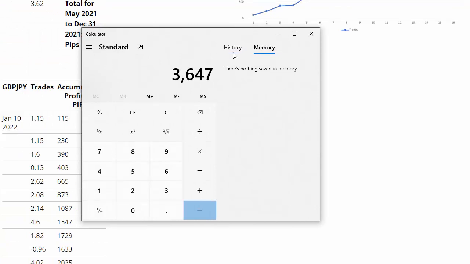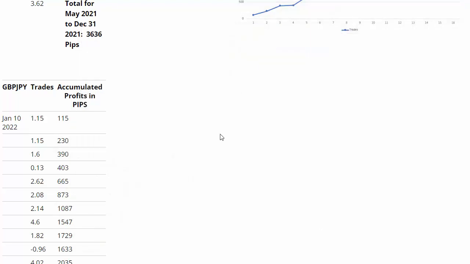And it is the GBP JPY, so that does move around a bit more.